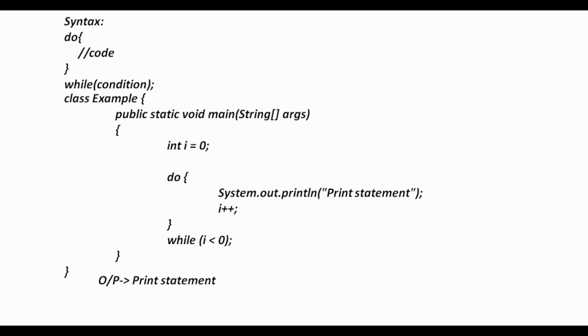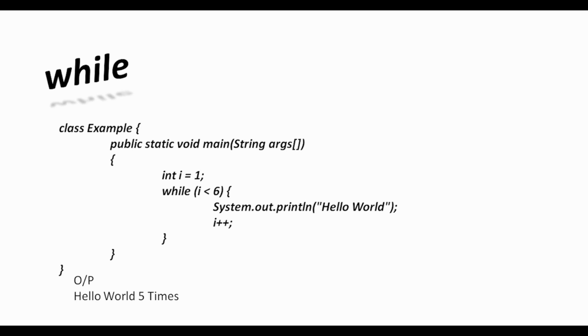The while loop works like this. Let's see an example. We just need to use while with a condition in brackets. I initialize i equal to 1, and if the value of i is less than 6, it will execute this code again and again.